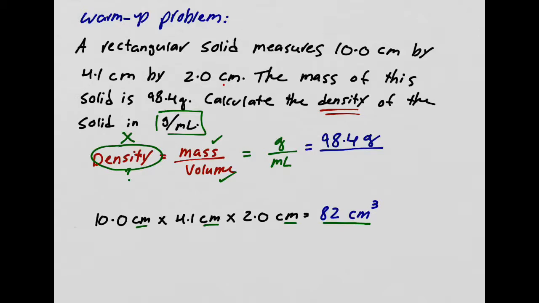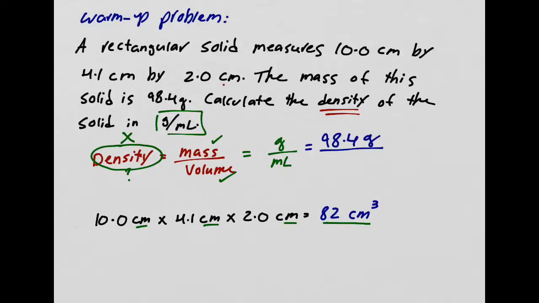But what does the question ask me for? What does the question ask me for? Milliliters. They want grams per milliliter, but this is centimeter cubed. If you remember, last time I said centimeter cubed and milliliters are two very common units for volume.